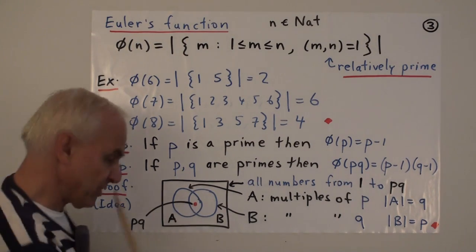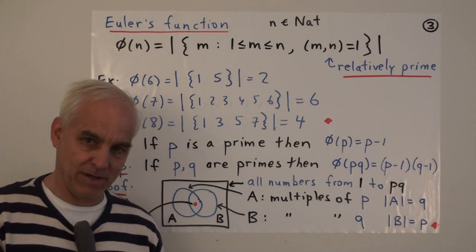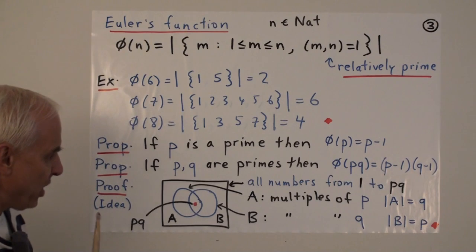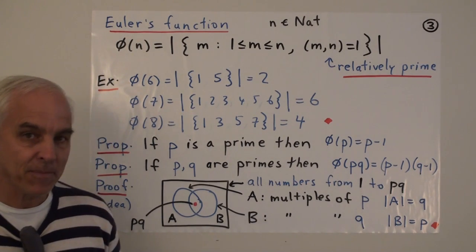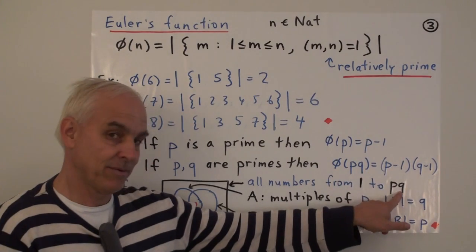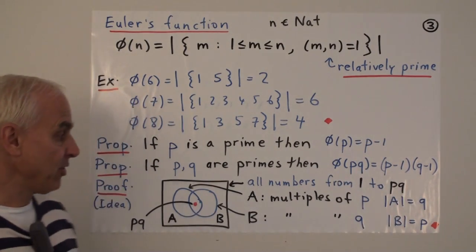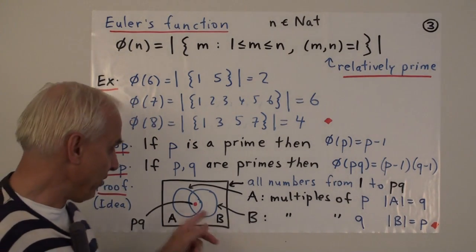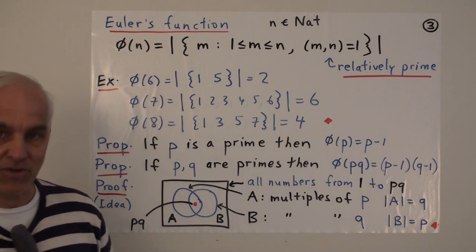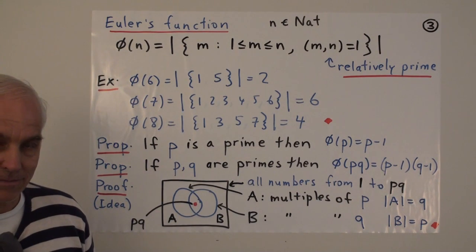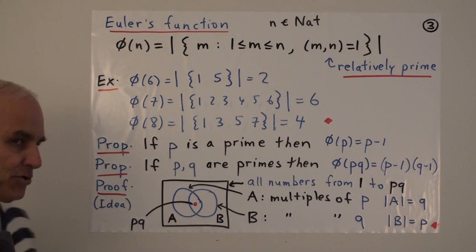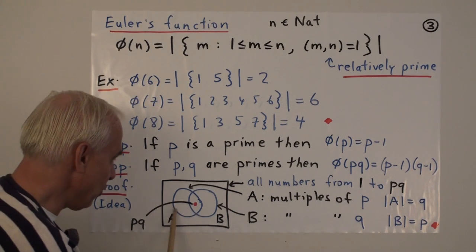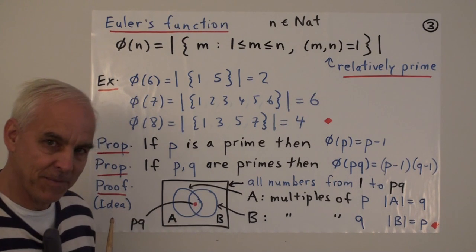And what about the common intersection between those two sets? Which numbers are multiples of both P and Q in this range? Well, P and Q are primes. There's only one such number, namely P times Q itself. Okay, so what would inclusion-exclusion tell us about the union of A and B?